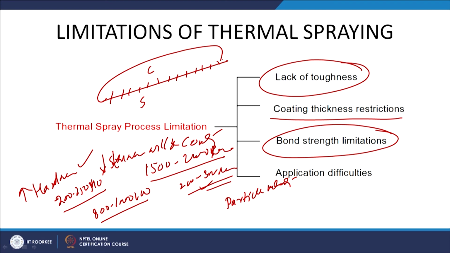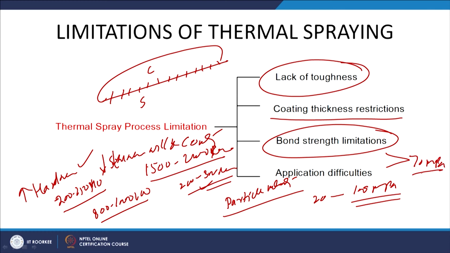That is why there are bond strength limitations, and as per the particle velocity, the bond strength may vary from say 20 to 100 MPa. It is always desired that the bond strength for most engineering applications is greater than 70 MPa as a minimum acceptable bond strength.